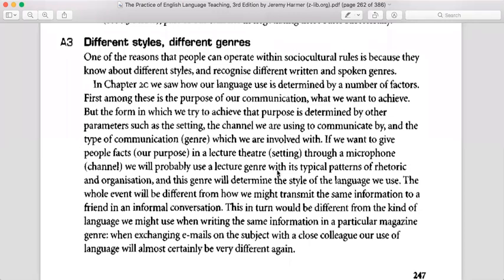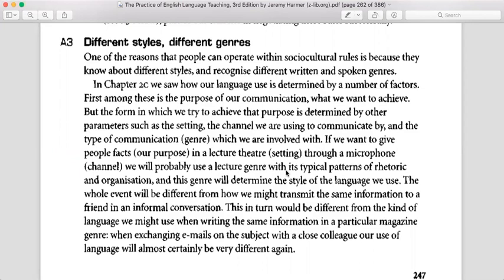So lecture is the genre. Lecture is the kind or type of communication that is going on. So the lecture becomes a genre, and the microphone becomes a channel, right? And the purpose is formal communication.